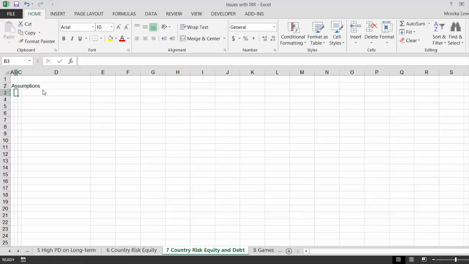So let's put some debt here, and this really gets into the whole business of charging high credit spreads and high risk premiums, particular to developing countries. Okay, I'm not talking about Greece. I understand that you might want a high risk premium there, obviously, with a very high chance of default.